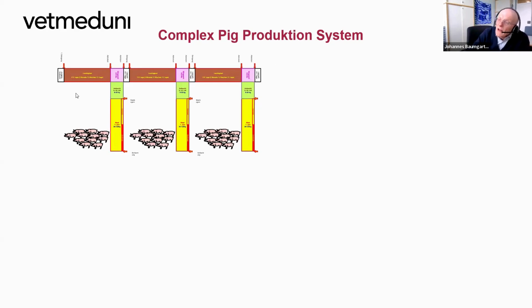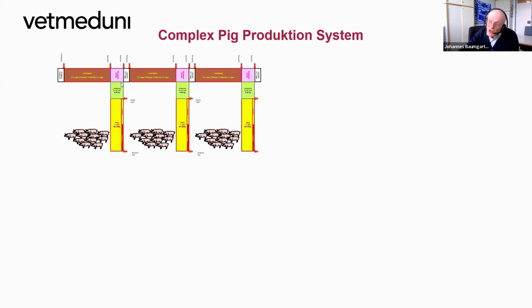This period in total lasts for 150 days. So one sow can give birth to 2.2 litters on average, and each litter consists of 10 to 20 piglets. So at the end, you will have 25 to 35 piglets a year from each sow.